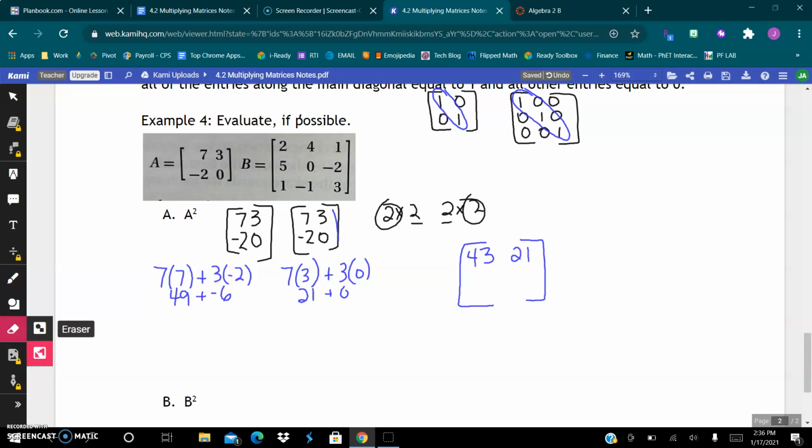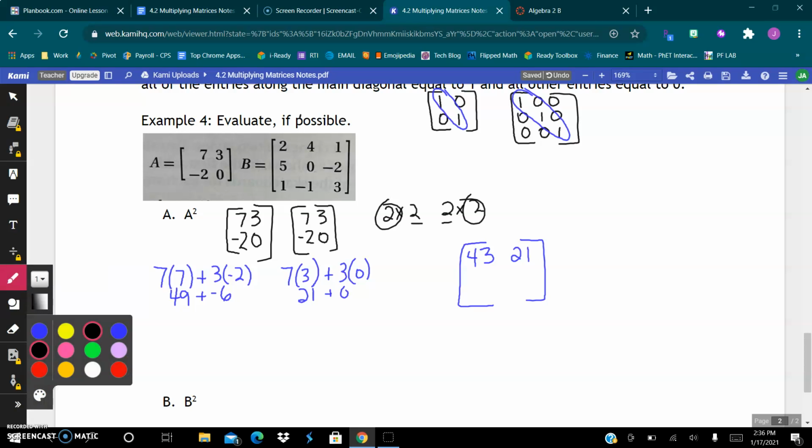And then we're going to move down a row. And we're going to have that row and then our first column. So we're going to have -2 times 7 and a 0 and a -2. So -14 and 0 would be -14.